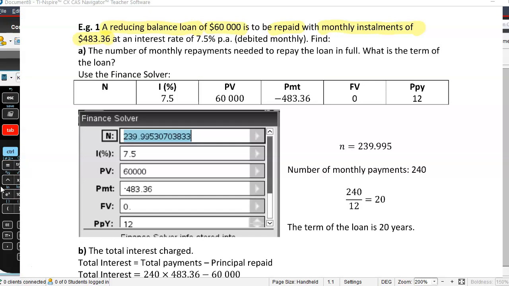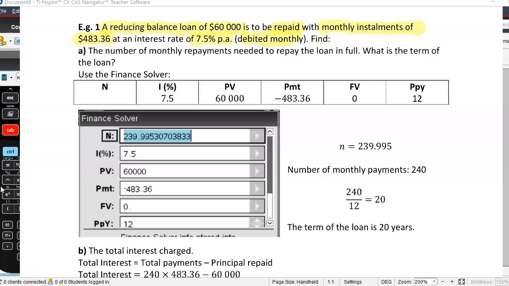That means we've got to pay the bank $483.36 every month. The interest rate is 7.5% per annum, but that's debited or compounding monthly. That means monthly the interest is calculated and added on to the amount that you owe.